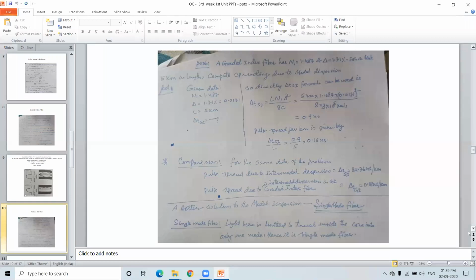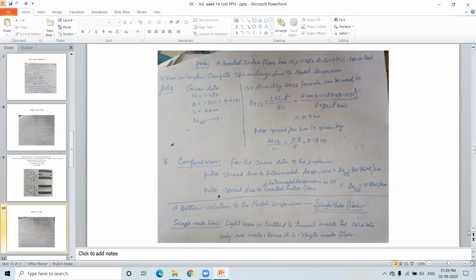So we defined what is the intermodal dispersion. The physical phenomenon occurring in the fiber is, as there are more number of modes, they are reaching at different time slots. Therefore, pulse spread takes place, called the intermodal dispersion. To reduce that, the different layers in the core region itself are having different refractive indexes.